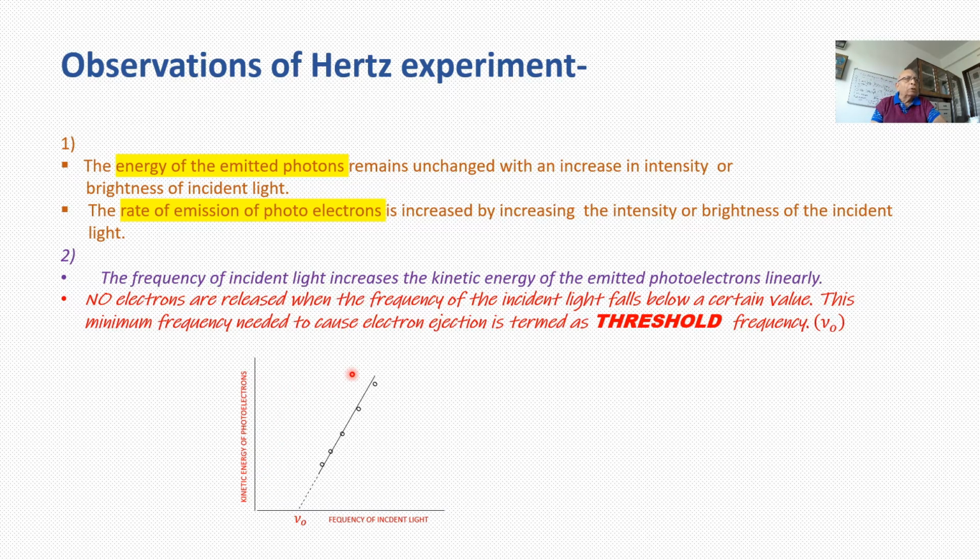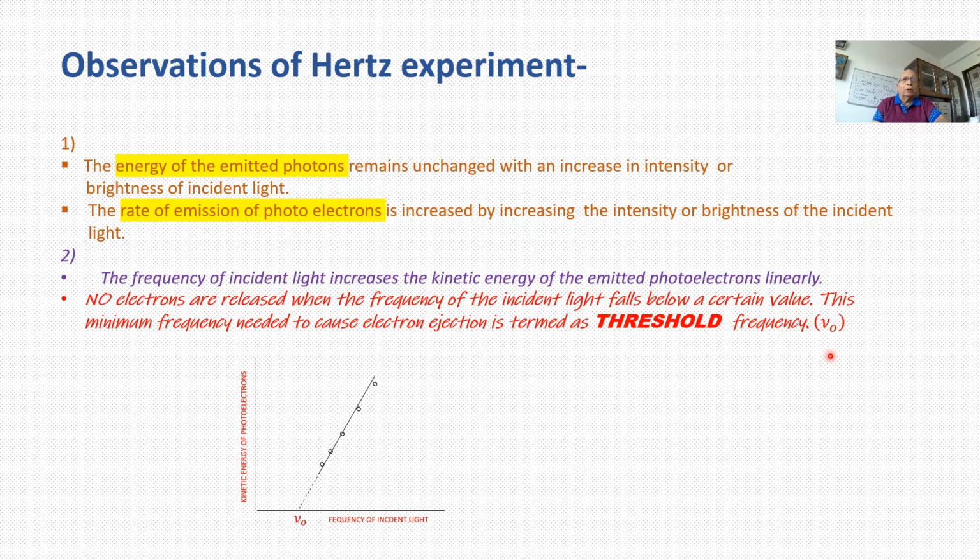Now, no electrons are released when the frequency falls below a certain value. Very important. Frequency of the incident light has to be a certain fixed frequency, and this frequency depends upon the metal or the metallic surface and is known as threshold frequency.